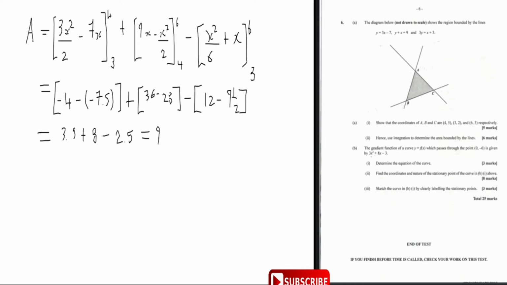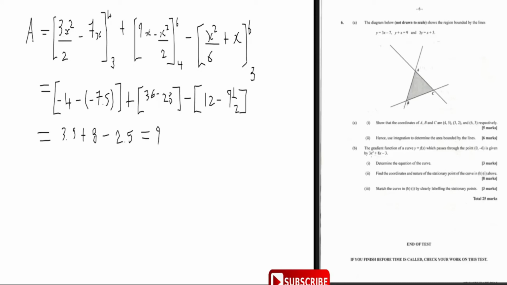3 times 3 squared divided by 2 minus 7 times 3, minus 7.5. So this is good. Over here now, 9 times 6, 54 minus 6 squared. 6 squared is 36, 36 over 2.